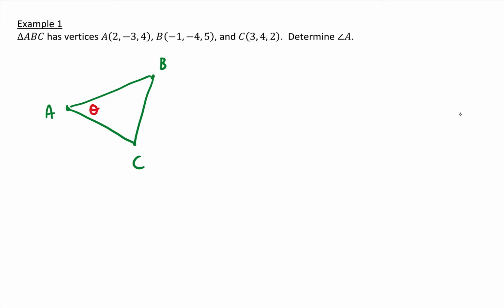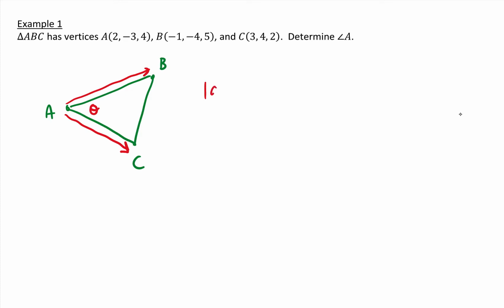And of course, we could find the lengths of all 3 sides and use the cosine law, but there's a much quicker way now. We can now use the dot product. First, we need 2 vectors. So if I take vectors AB and AC, notice the angle between them is angle A, or theta. We can combine both the algebraic and geometric dot product.